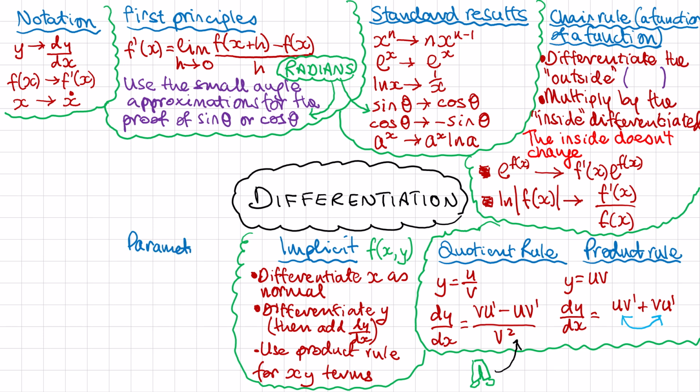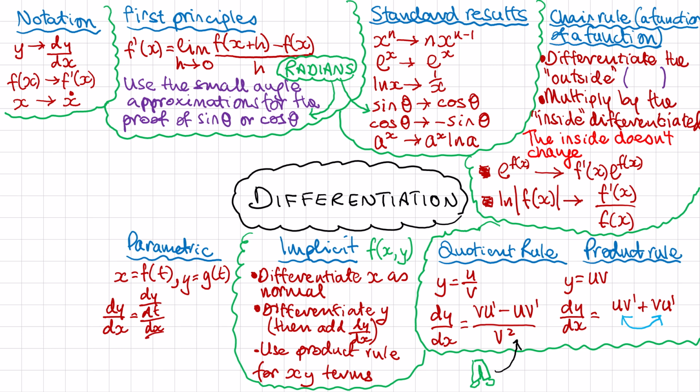Now with parametric differentiation, this is where the x term is a function of t, and the y term is going to be a different function of t. In a question like this we would need to find dy dx, and dy dx is going to be dy dt divided by dx dt.